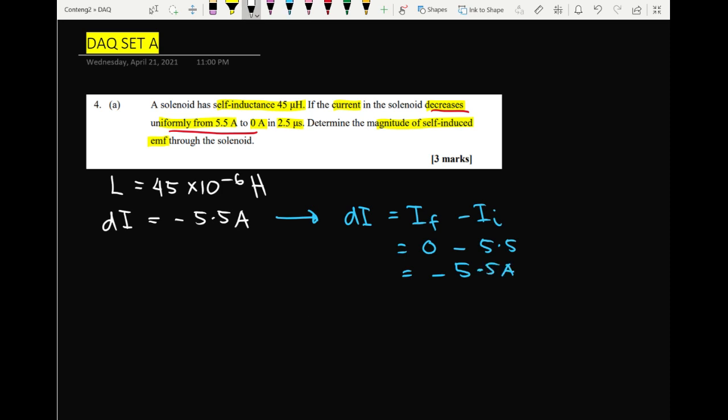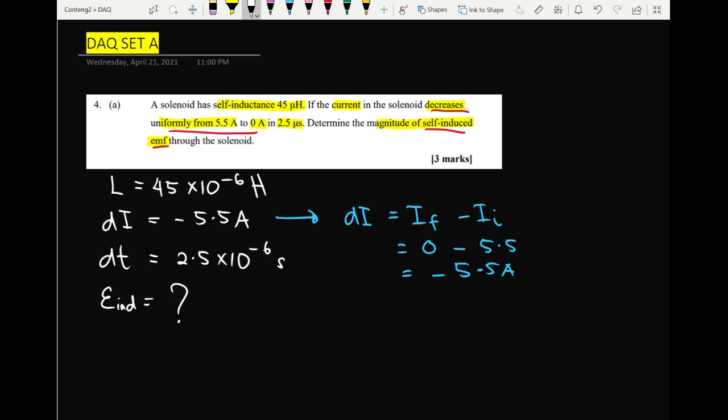Next we have the time interval. Your dt is 2.5 times 10 to the power of negative 6 second, because micro, right? So micro is 10 to the power of negative 6. And you need to determine the magnitude of self-induced EMF, and the symbol is like this.